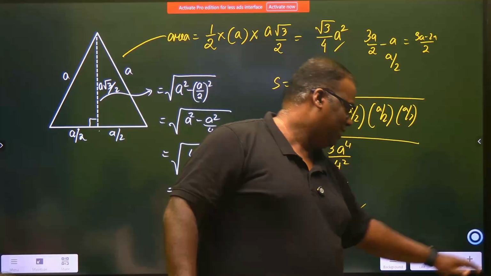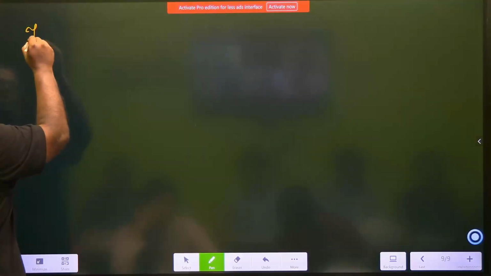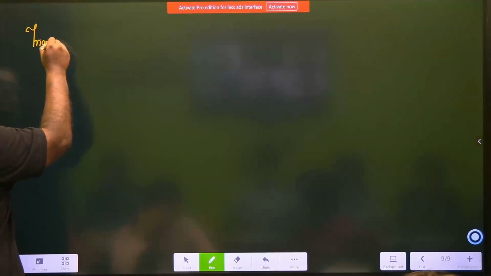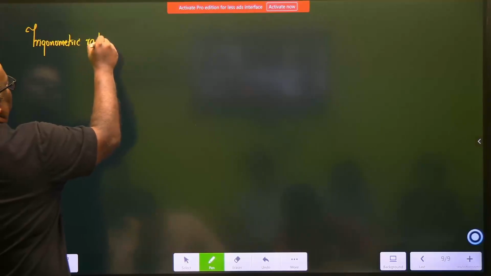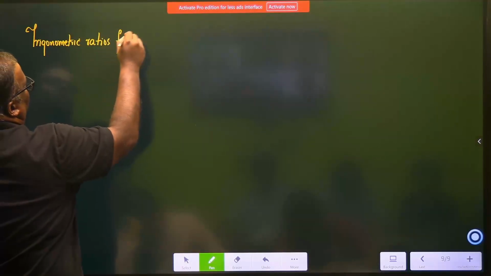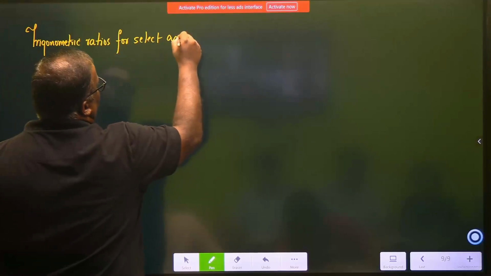The reason: we will also need to do something called trigonometric ratios for select angle measures.